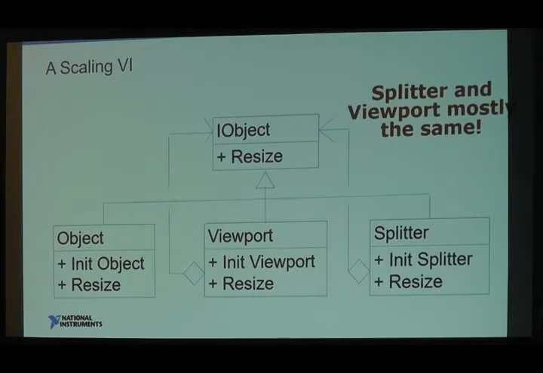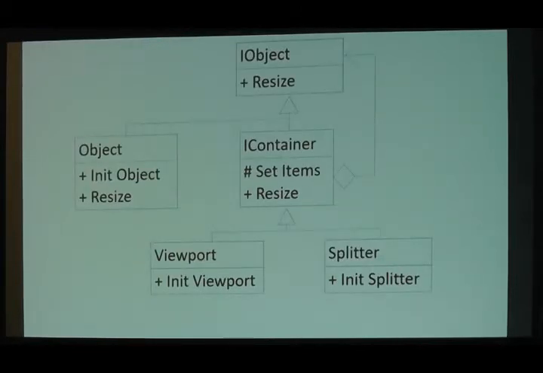Next thing we notice is that the splitter and the viewport are mostly the same, in the sense that they both have an array of objects and they scale them. So it makes sense to put the common functionality in a parent, the container, and put only the differences in the child classes.